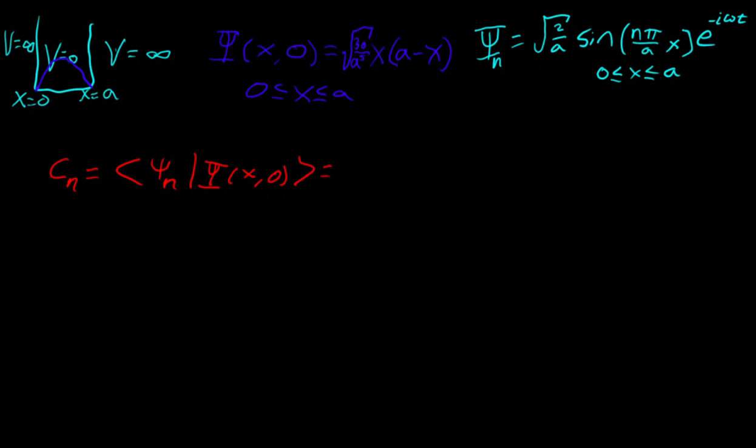And if we do this, this is the integral from 0 to a. I'll write it down fast. Root 2 over a, sine of n pi over a x. We don't need to take a complex conjugate here, because all we need is the function of x right now.